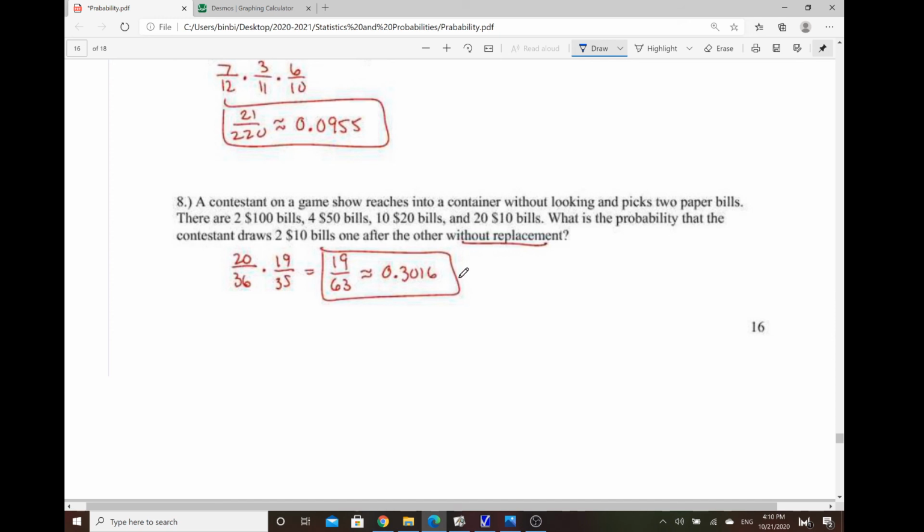So the first time is 20 over 36. Okay, so 20 over 36. And then the second time, without replacement, is 19 over 35. Once you multiply them, it's 19 over 63.